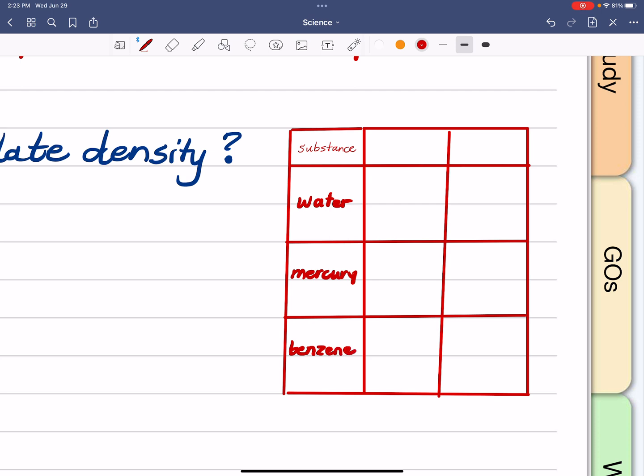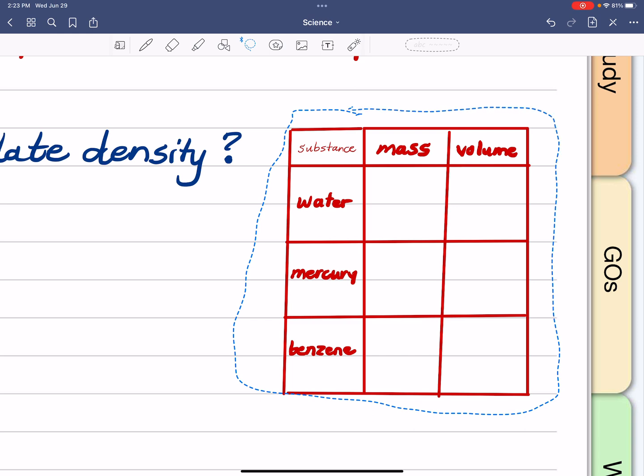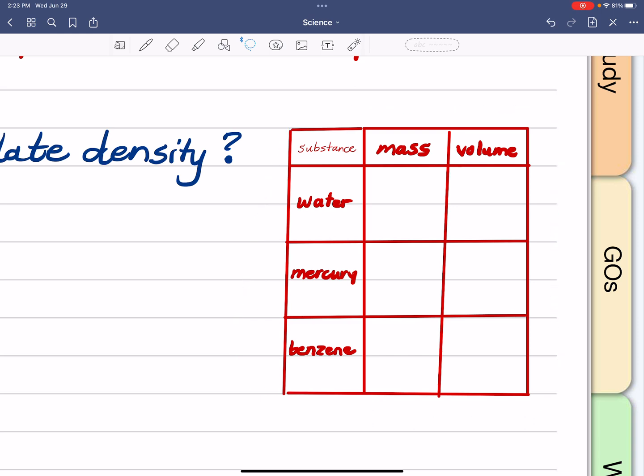Okay. And then I'm going to give you some numbers for mass and volume. And you know what? I need another column. Now let's do it this way. I'm sorry, guys. I should have planned this out a little better.